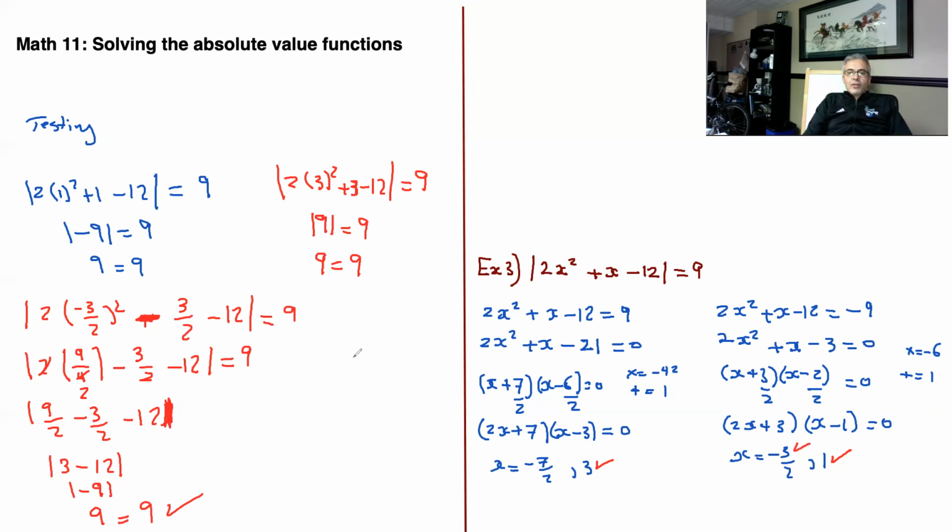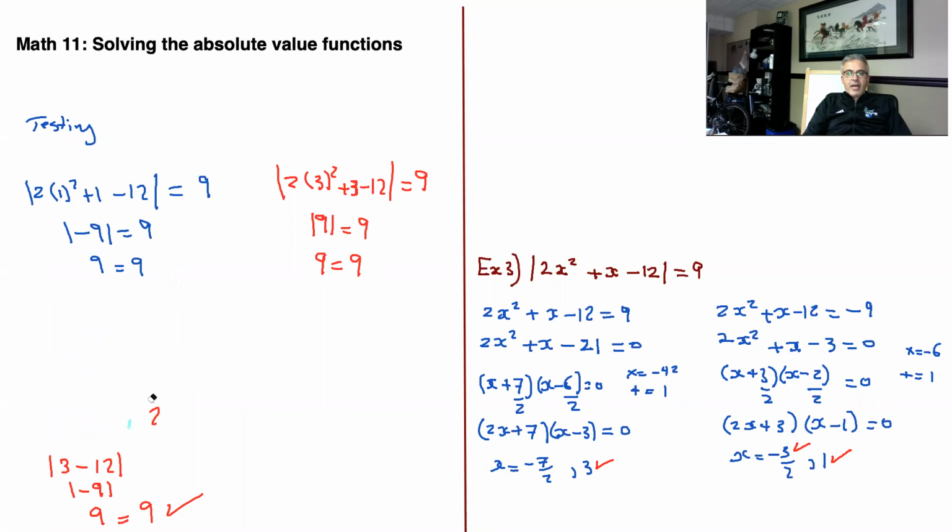Now, do we have enough room to test the, I'm just gonna erase actually some of this. So tested. And we're gonna test the last fraction, which is the negative 7 halves, and see if it works. So the absolute value of 2 times negative 7 halves squared plus minus negative 7 halves just becomes minus 7 halves minus 12. Absolute value, does that equal 9?